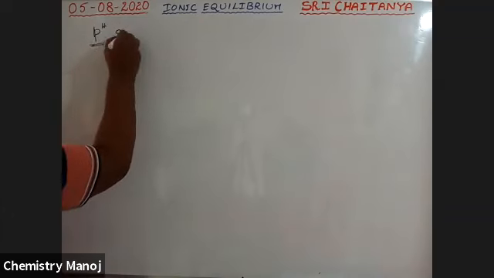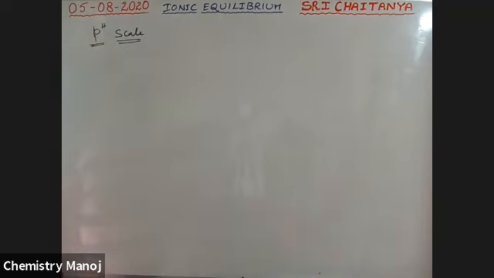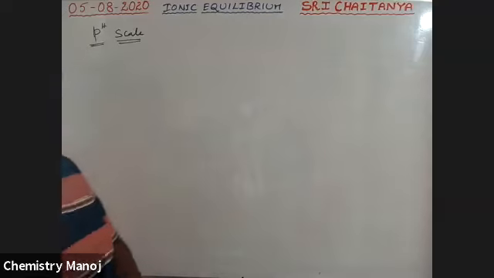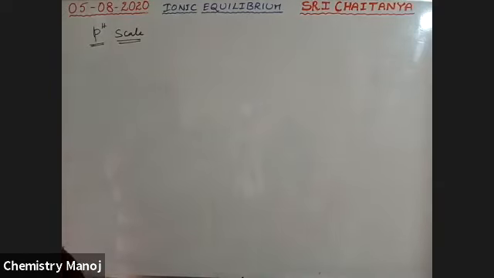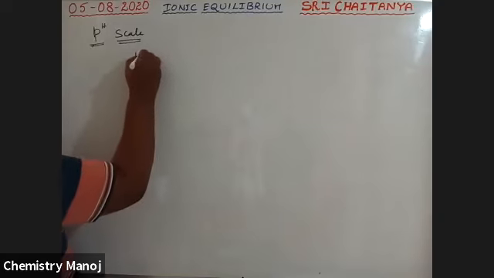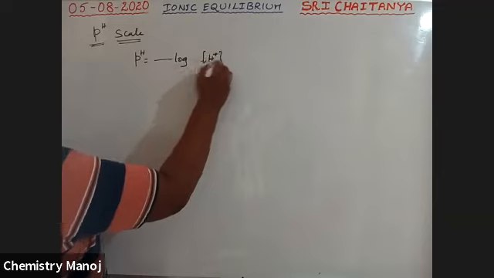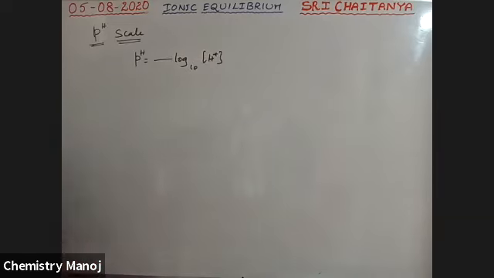pH scale. What is this pH scale? According to Sorensen, pH is equal to negative logarithm of H plus ion concentration to the base 10, which is called pH.